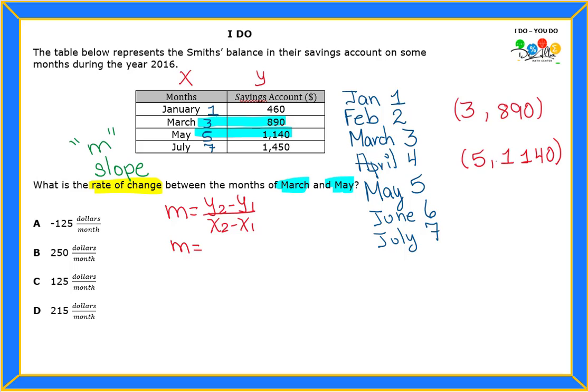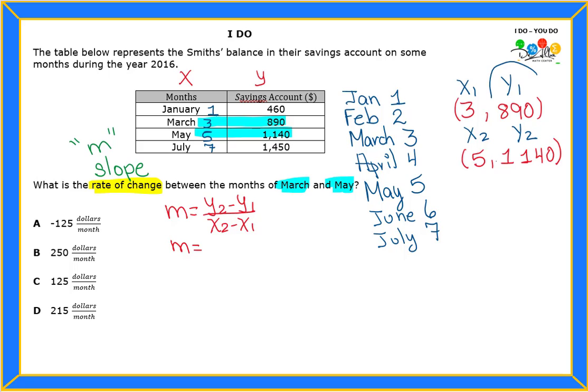That means that on the third month, the Smiths family had $890. In the fifth month, they had 1,140. So now I want to find the rate of change between these two. So this becomes x sub 1, y sub 1. 5 will be my x sub 2, and this will be my y sub 2.